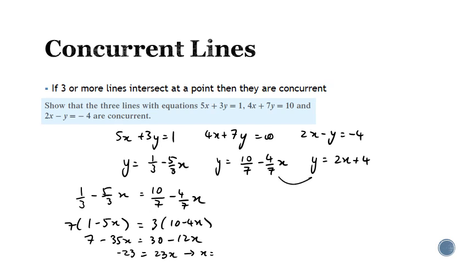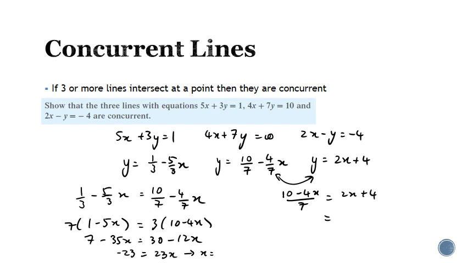And we'll see if these two give us the same answer. Because if it's the same point, then if we substitute them both into the second equation, they must be the same anyway for the y value. So 10 minus 4x all over 7 is equal to 2x plus 4.